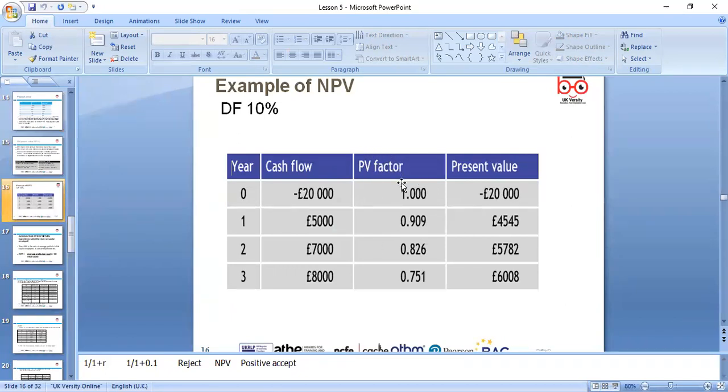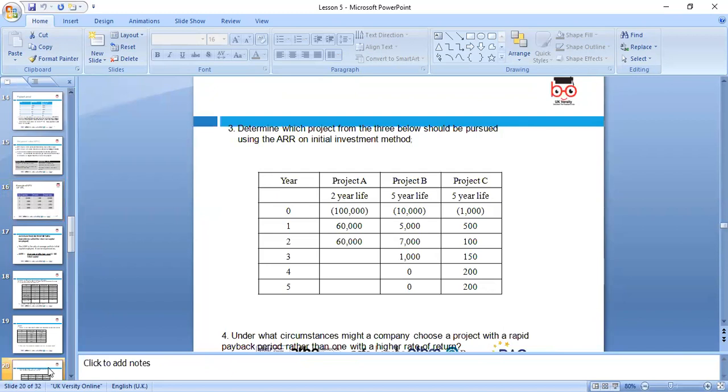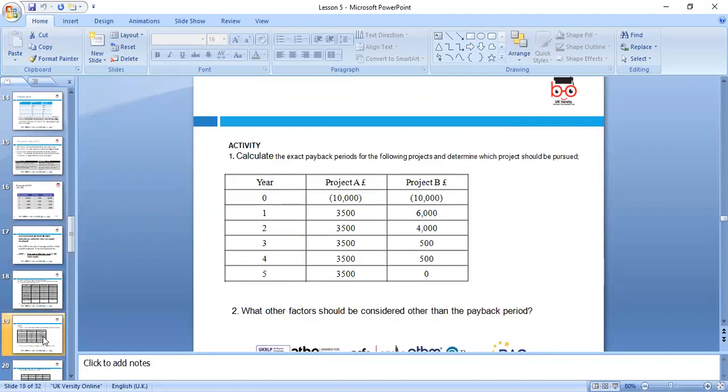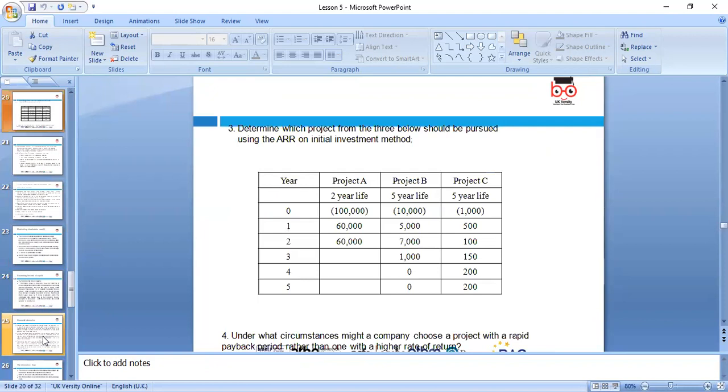You do 1 divided by 1 plus R, and whatever discount factor you use, you calculate. So please calculate these payback periods now, and we'll look at these in the next lesson, if you try until next week. And then we compare: 2 years, 5 years, 5 years.